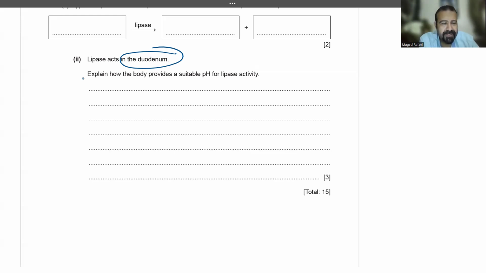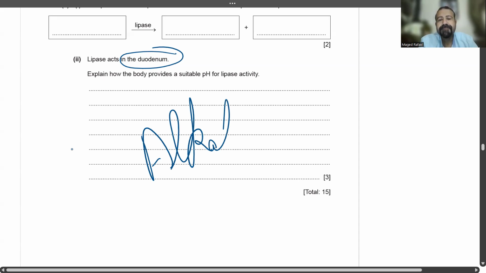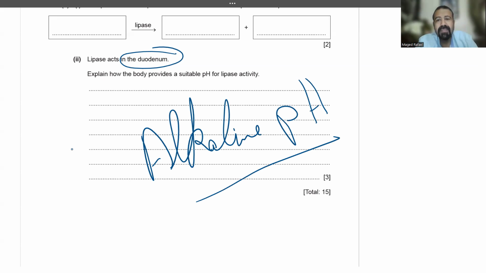Bile. Exactly. Who's answering? Khalaf or Abdelrahman? Abdelrahman, okay, I can't hear you well. So for bile you will take the first mark, but you need to talk about what we mentioned: it is produced by the liver, released from the gallbladder to provide an alkaline pH, an alkaline mixture.